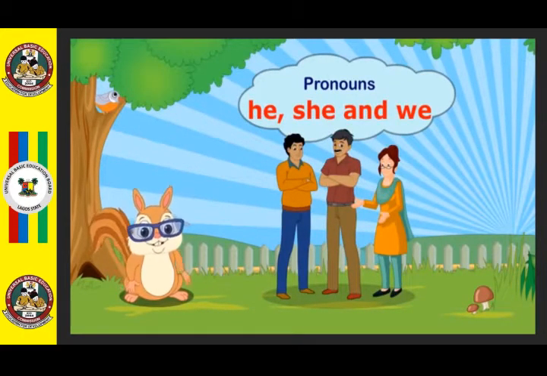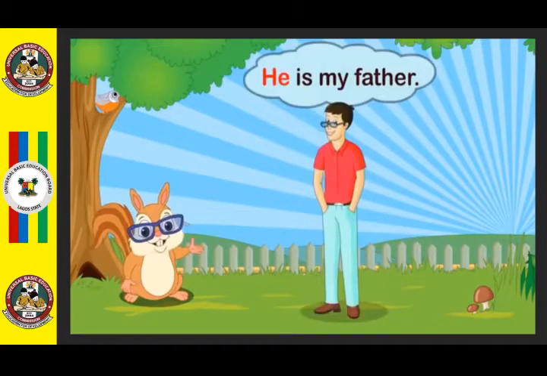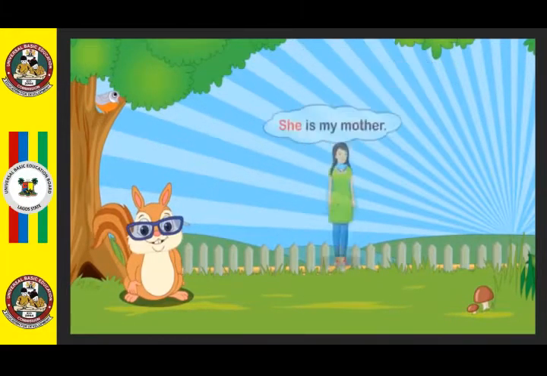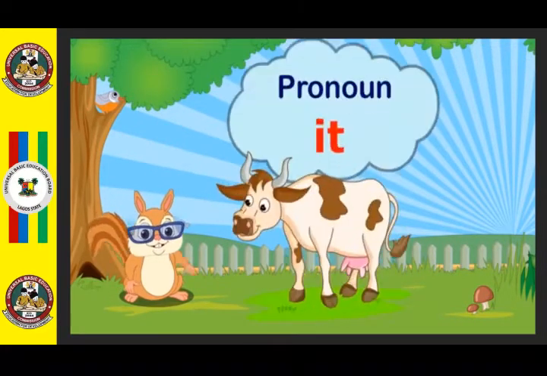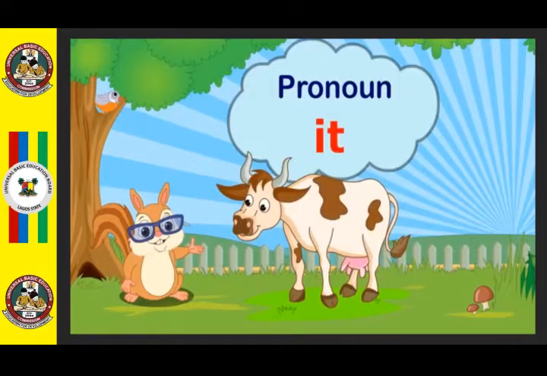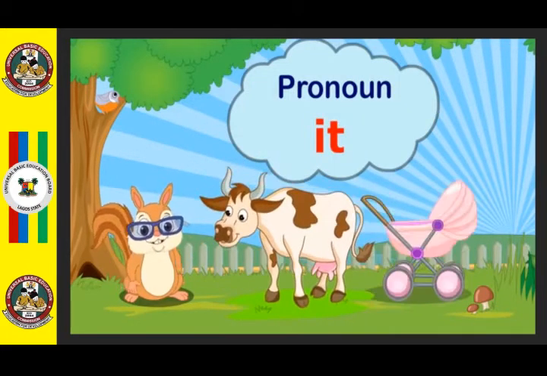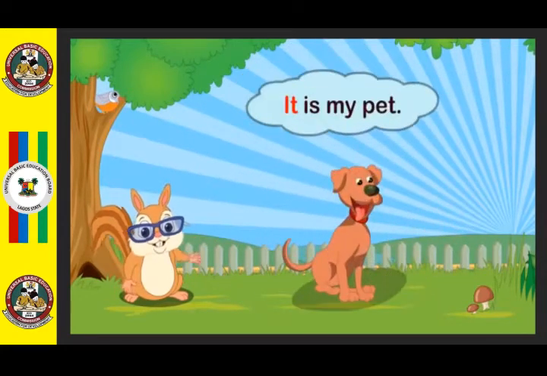For example, he is my father. My father is tall. She is my mother. My mother is beautiful. It is used for animals and things. For example, it is my pet. My pet is a dog.